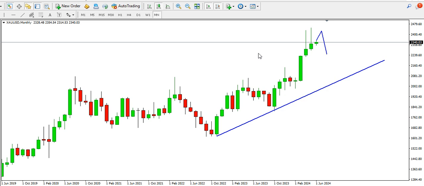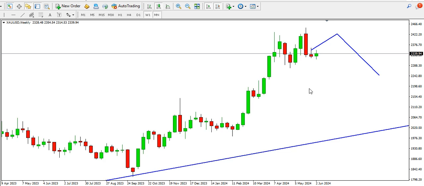It's bullish. On the weekly time frame, we might possibly see the development of a head and shoulder pattern, where price forms the right shoulder. We already have the left shoulder.